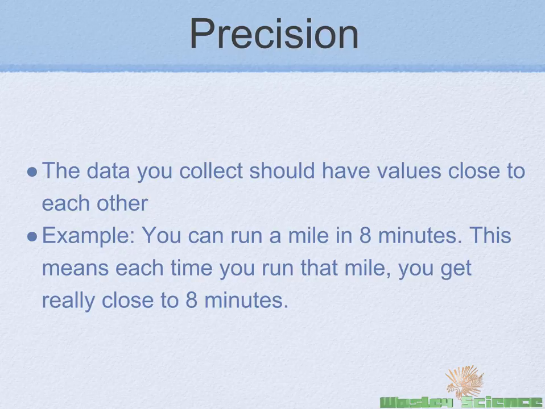So an example is if you run a mile in 8 minutes, and every mile that you run is 8 minutes, then you're very precise in your running because you always run 8 minutes. If you ran 1 mile that was 8 minutes and then another mile that was 13 minutes, then you're not really precise in how fast that you run.